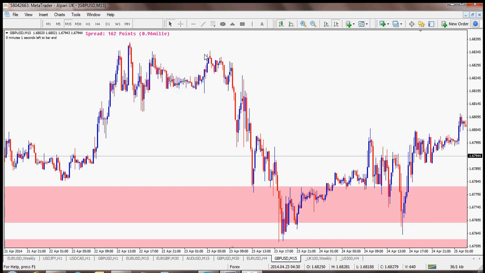So anyway, what subsequently happened is that we have an engulf here, this low, so this engulf there, where it engulfs this, and here we have another engulf there with the same move down.